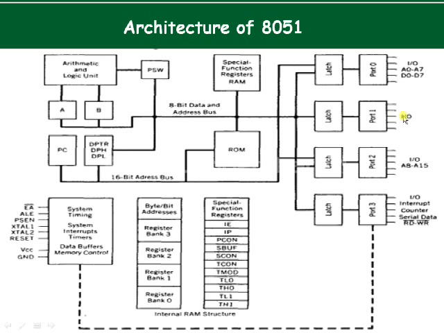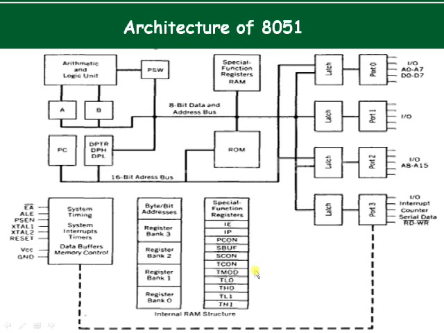Port 1 can only act as input or output lines, and port 2 can act as input output lines, as well as address lines, that is A8 to A15, and port 3 will act as input output. Along with that, it also provides some special functions like read bar, write bar, interrupts, counter pins, serial pins. Okay, so we'll discuss each and everything.